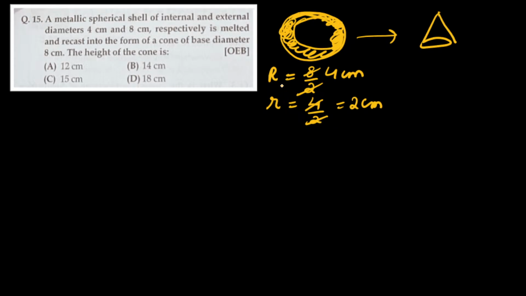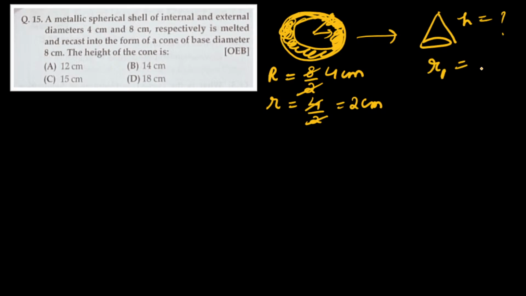So for the spherical shell, internal and external radii are given to us and it is melted to recast a cone. The cone's diameter is given to us and the height of the cone we have to find. For the cone's radius, I'll just write it as small r1.